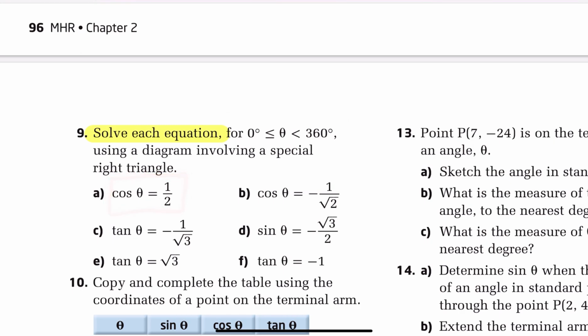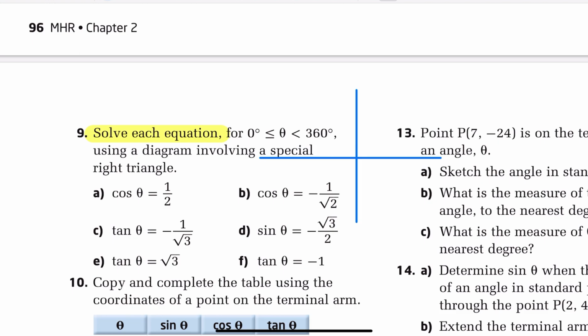I think we did this before. The cos is a half, so it will be 30 degrees? No, it's not 30 degrees. Let's draw it exactly. So the cos is a half.